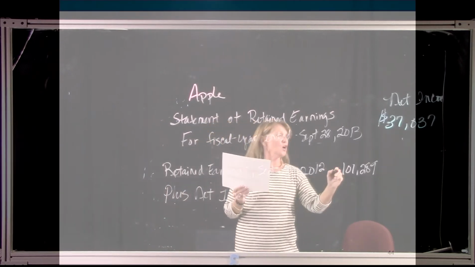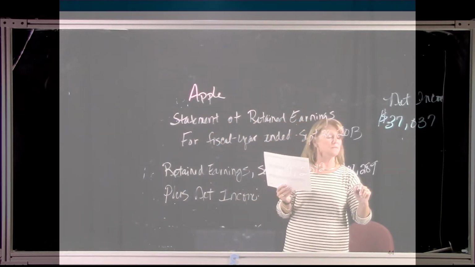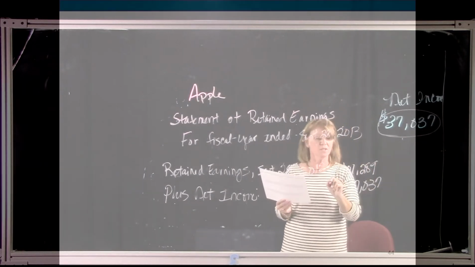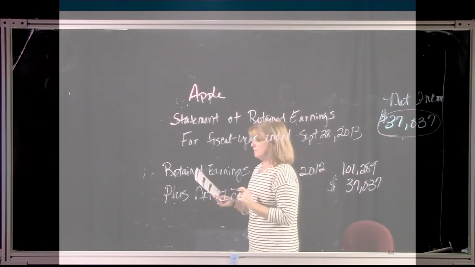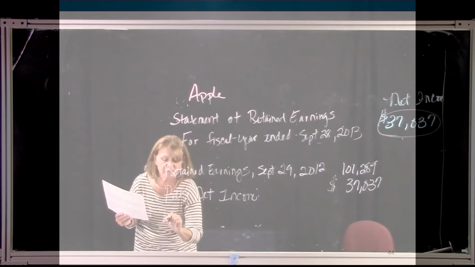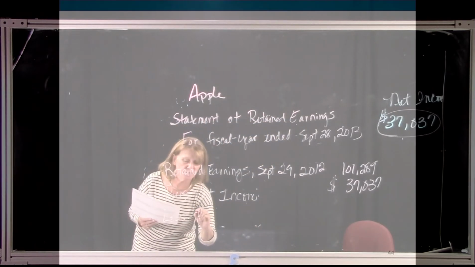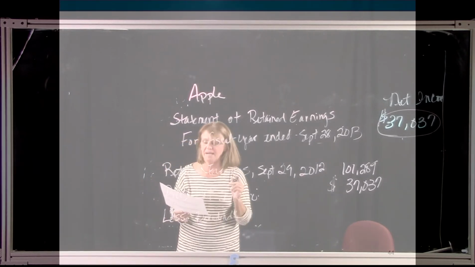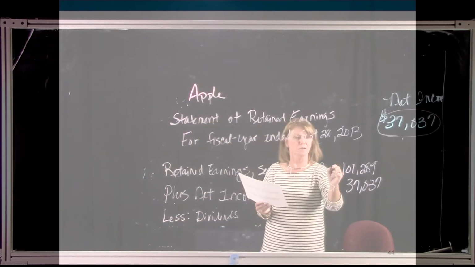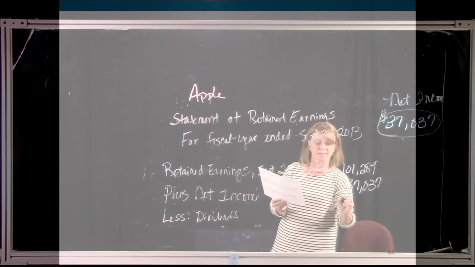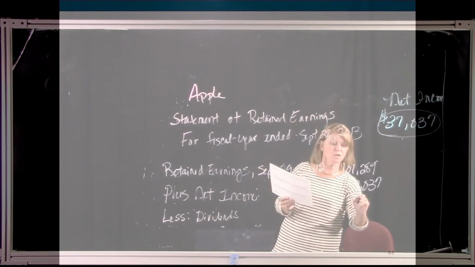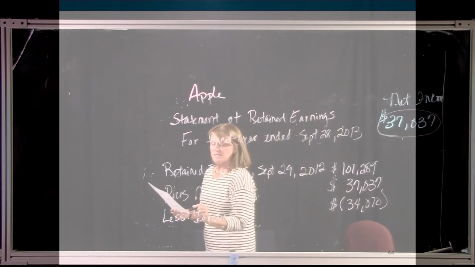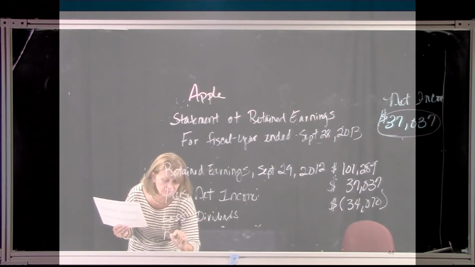Of 37,037. Remember that number? We add our net income, less dividends because we paid money out to the owners. And the problem told us that amount. You will always be given amounts that you have to know. And it's a negative 34,070.